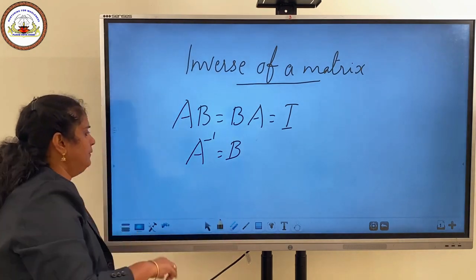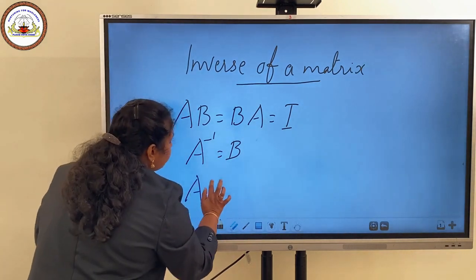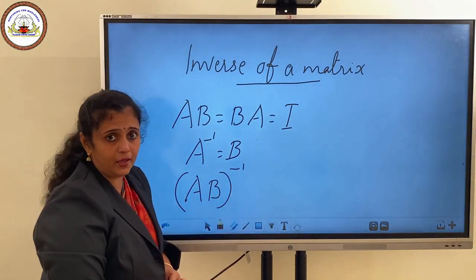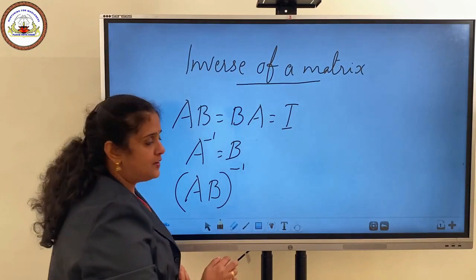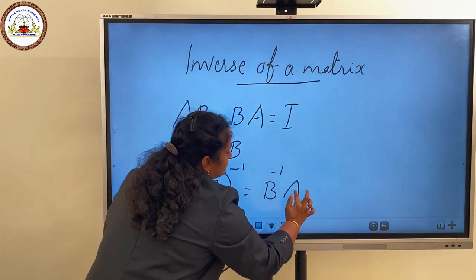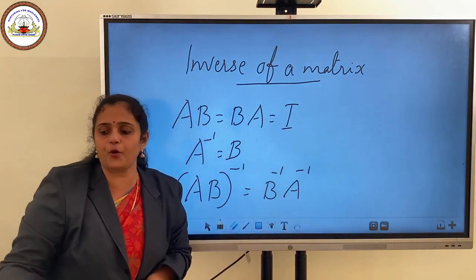The second property: if A and B are two non-singular matrices of the same order, then (AB) inverse is equal to B inverse A inverse.